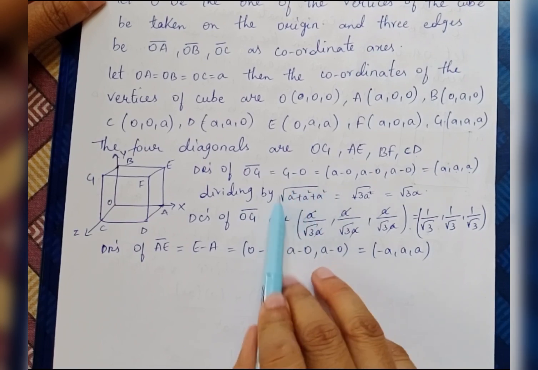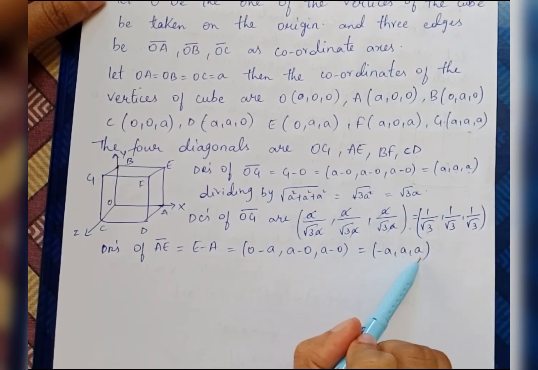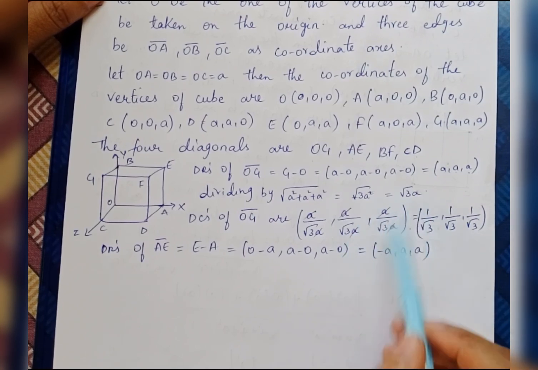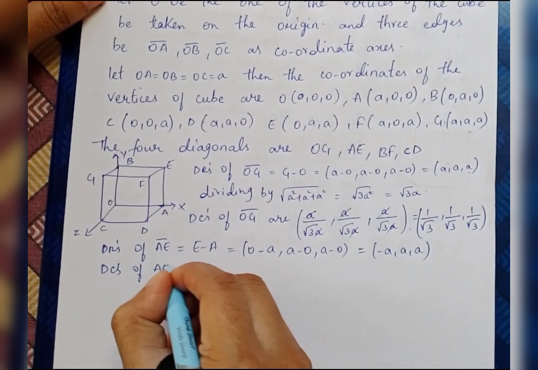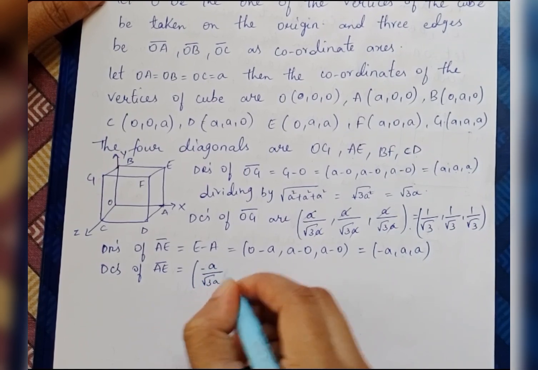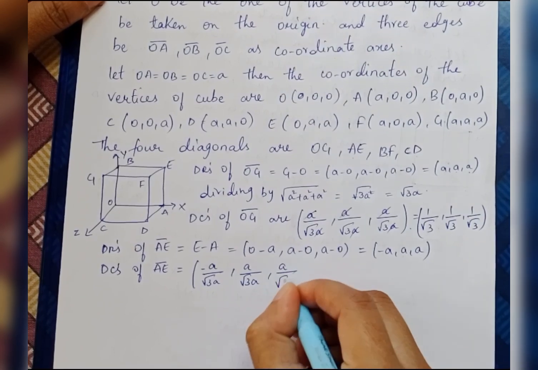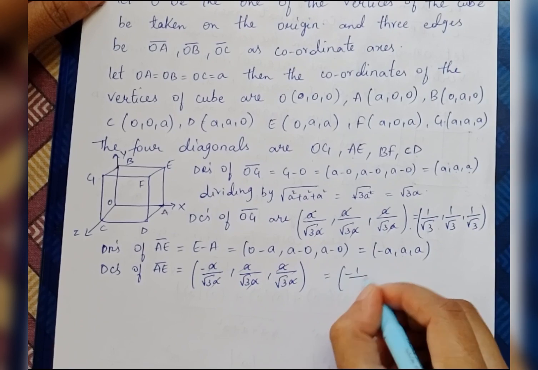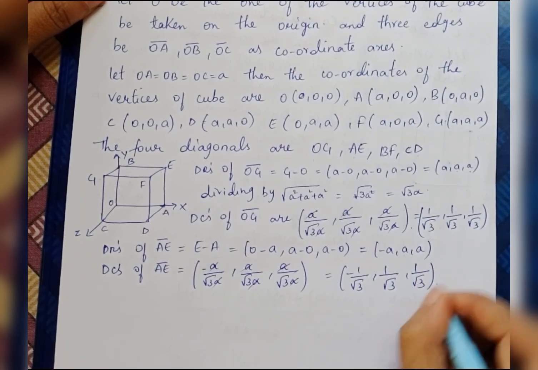This will be the same for all the diagonals, because we'll always get a and a with one negative and the others positive. So it will be the same, √3a. So DCs of AE bar can be given as minus a by √3a, a by √3a, a by √3a. Cancelling a, we get minus 1 by √3, 1 by √3, 1 by √3.